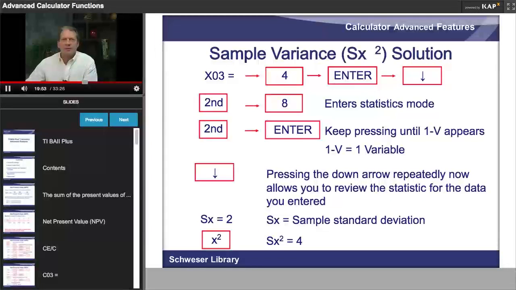So then we go back to statistics mode, tell it it's a single variable, and get our sample standard deviation of 2, and we can square that. See, it doesn't give you the variance, it gives you the standard deviation. All you need to do is hit x squared to see what the variance is.